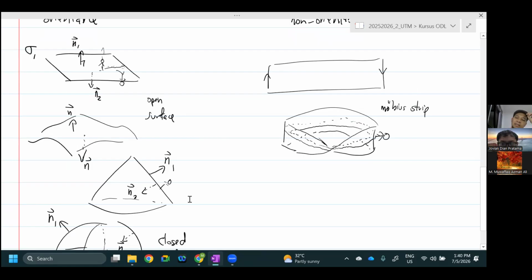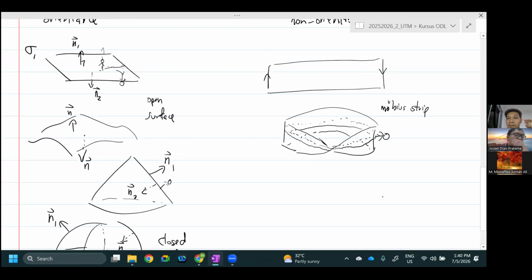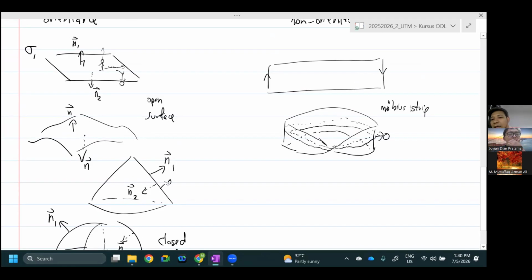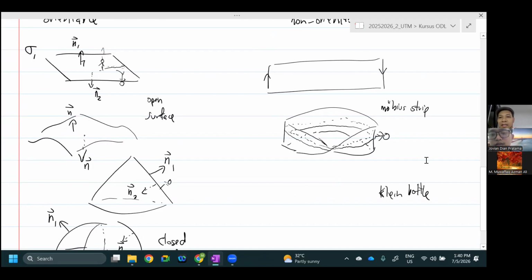So this is open, right? An open non-orientable surface. Is there a closed non-orientable surface? Also yes. We call it the Klein bottle. So what you need to do, once you glue it here, you glue it in this direction.